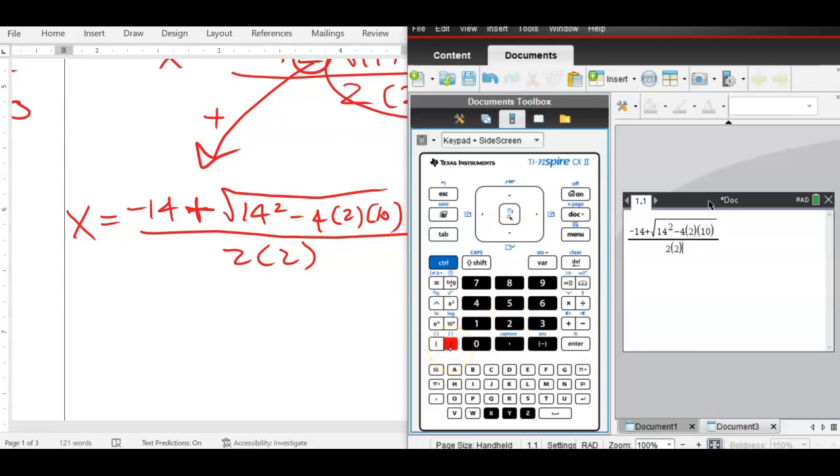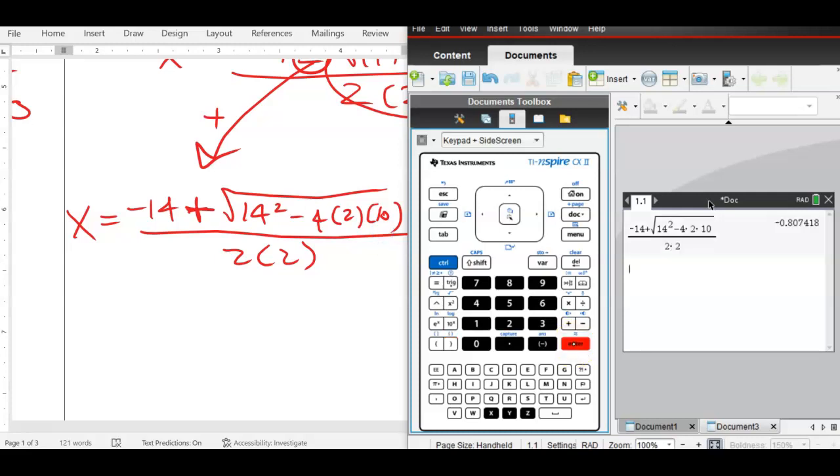Okay, see if you can get that typed in correctly. This and this. You've got to make a fraction bar first, right? Hit enter, and you should get the answer. But I want to make sure you type these in correctly. If you can't type it in, you ain't going to be able to get it, right?